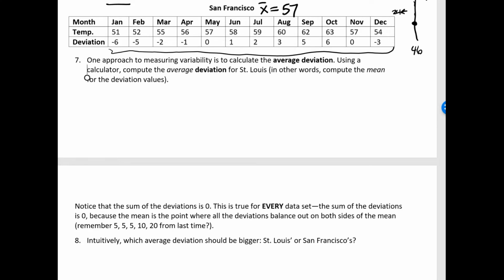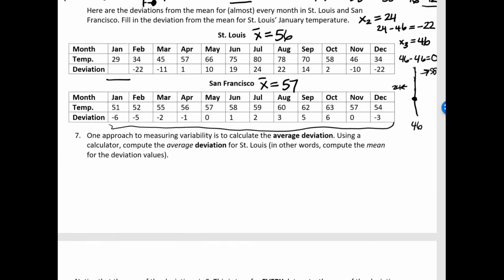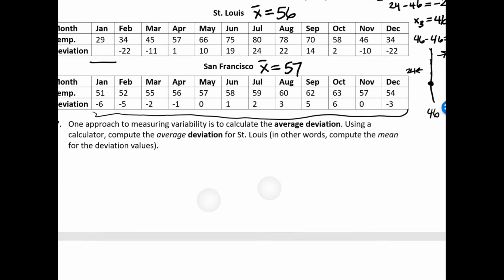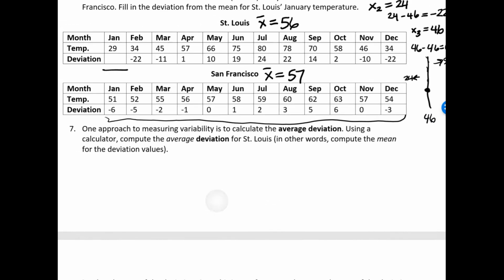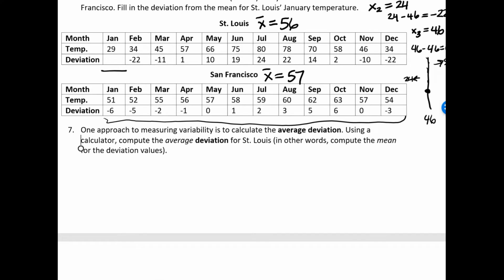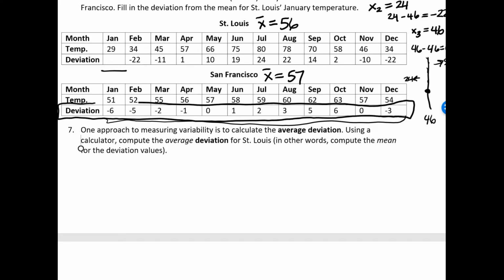Well, we could try to calculate what's called the average deviation. So basically find the average of all of these deviations, right? If we want some way to summarize them, well, let's just find the average.